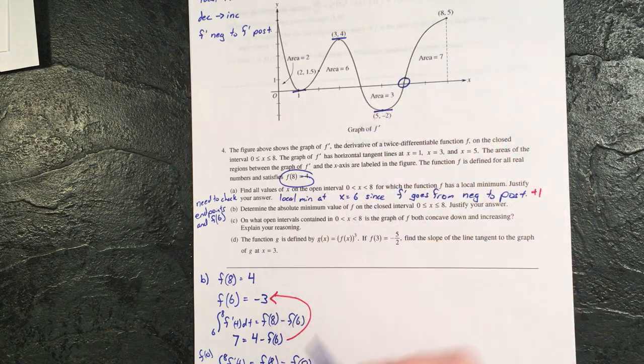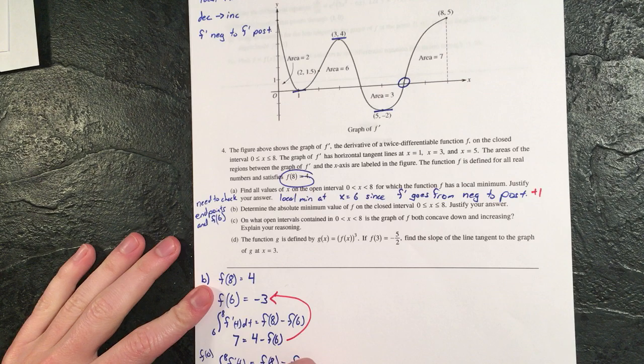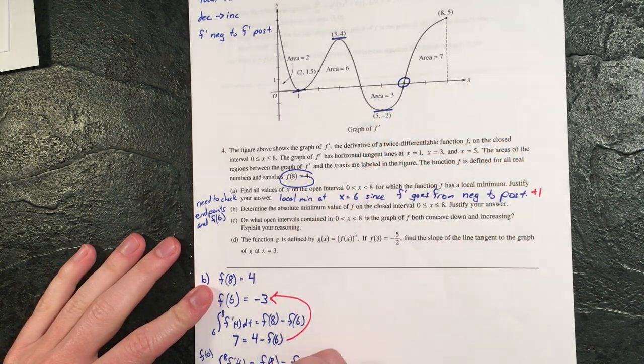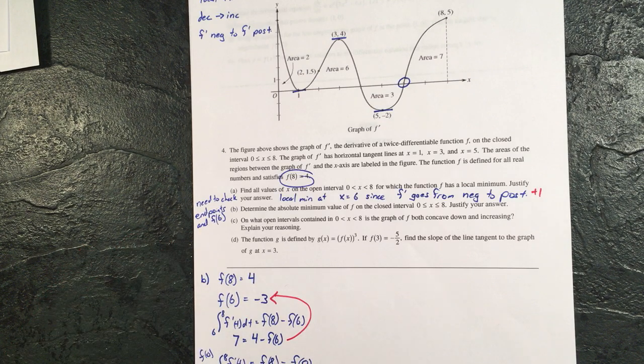Not quite. 2 plus 6 minus 3, since it's underneath the curve, plus 7 equals 4 minus whatever f of 0 is. So adding these up here, we have 8 plus 7 is 15 minus 3. So we have f of 0 equals, what, -8 here?